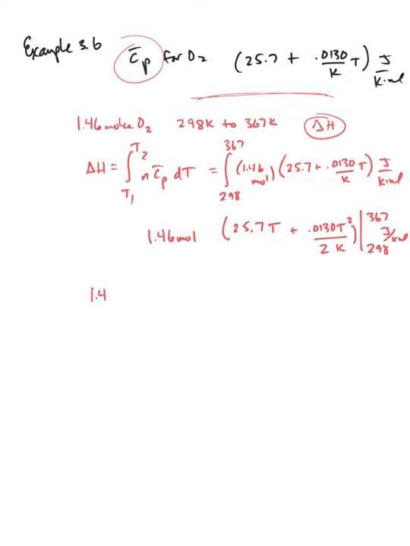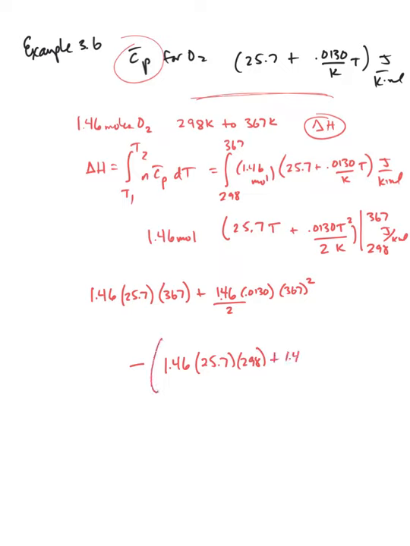I'm going to leave my units out and be lazy. 1.46 times 25.7 times 367 plus 1.46 over 2 times 0.0130 times 367 squared, then minus the other term, 1.46 times 25.7 times 298, plus 1.46 times 0.0130 over 2, got to throw my K in there for units, and then 298 squared.